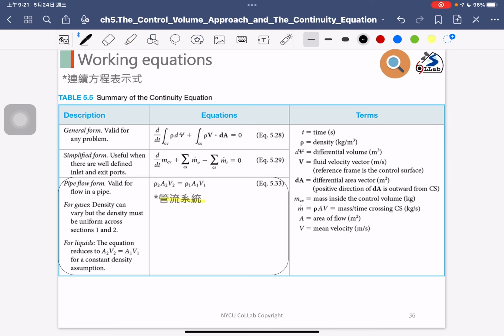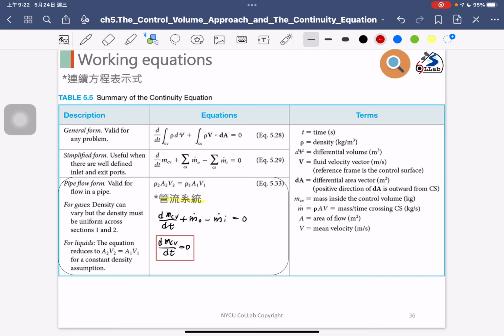If you write down the continuity equation here, we know that dm_CV/dt plus the m rate outflow minus the m rate inflow equals 0. And because in pipe flow systems we don't have the unsteady term, dm_CV/dt will equal 0. In pipe flow, the mass in the control volume doesn't change with time.